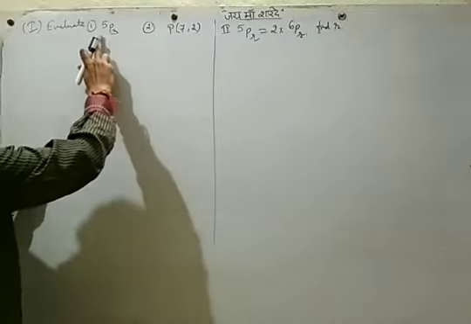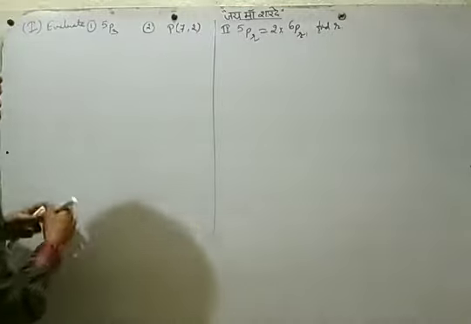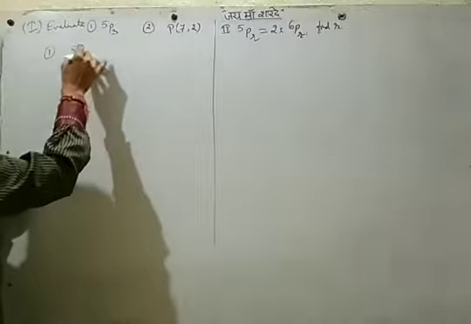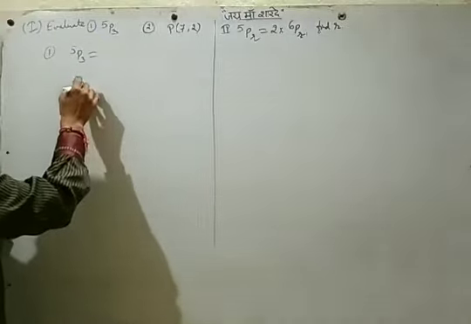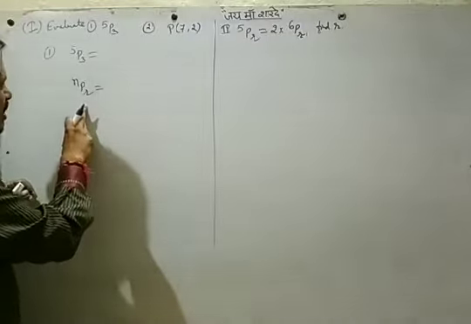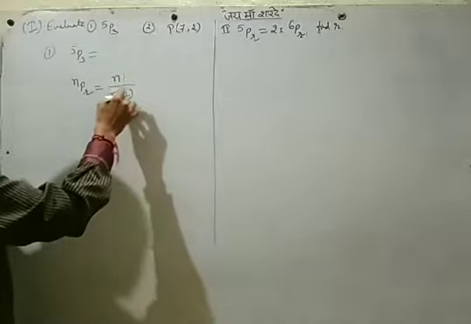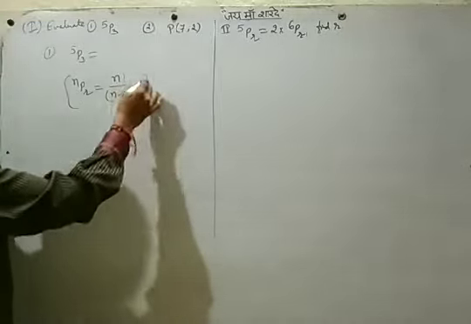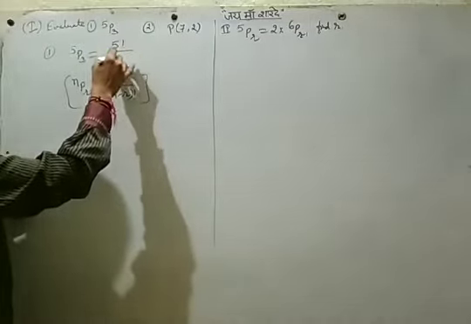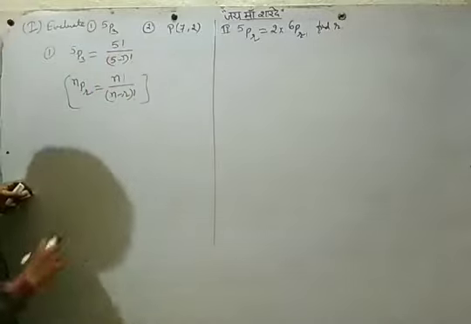We have to find the value of 5P3 or the value of 7P2. So in the first question, 5P3. nPr, from n objects r objects are taken at a time, then the total permutation will be n factorial upon n minus r factorial. With the help of this formula, it can be written as 5 factorial upon 5 minus 3 factorial, since n minus r means 5 minus 3 factorial.